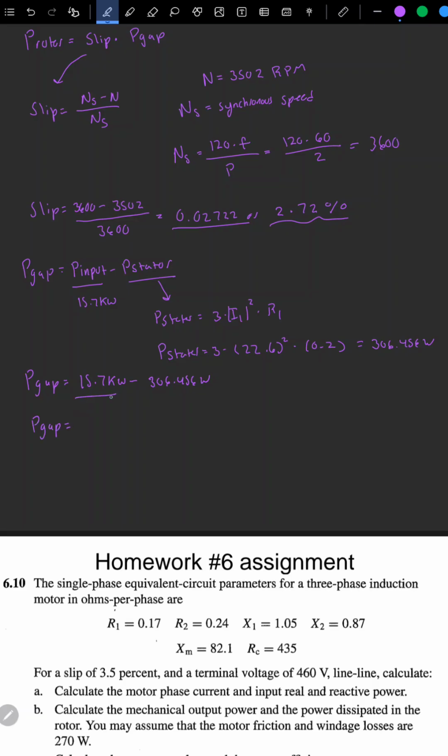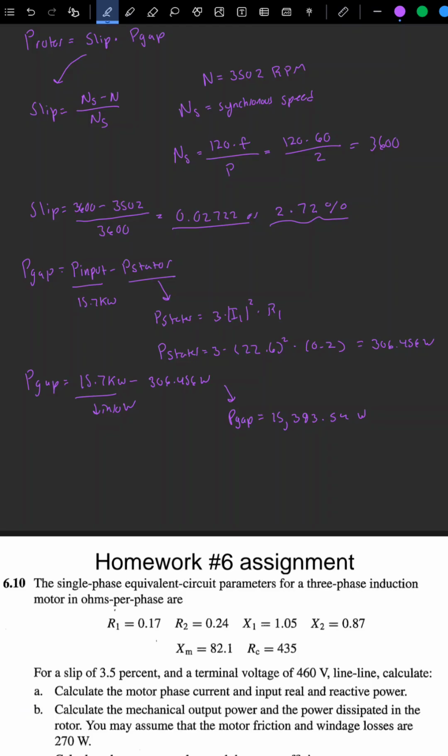Convert that 15.7 into watts, and what you're going to get is, sorry, let me rewrite this. P gap is going to equal 15,393.5 watts.